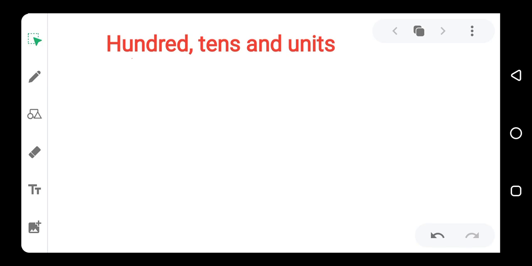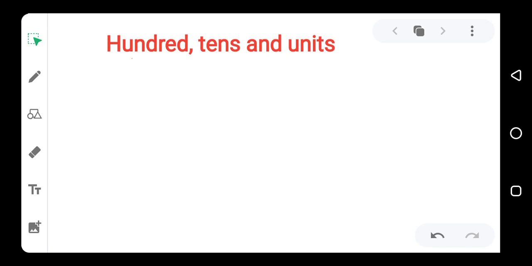Now remember that in our last lesson we said that tens have 2 digits. Units have 1 digit. That means that anything under 10 will be the second one in the number that has 2 digits.